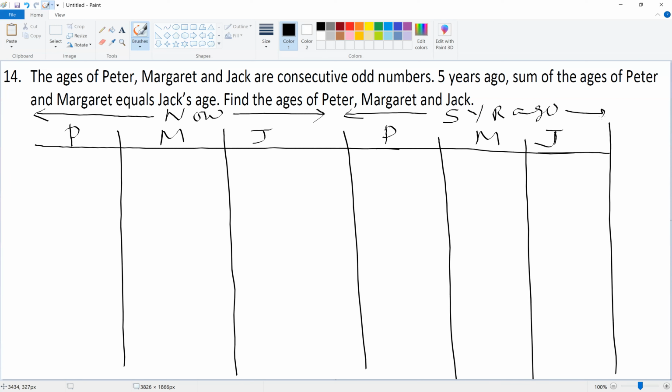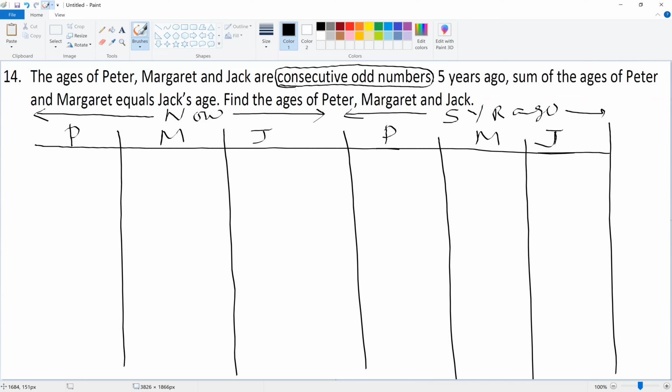Do you understand the table I wrote? Yeah. Okay. So now they are consecutive odd numbers. That's a big clue. That means it's 1, 3, 5; 3, 5, 7; 5, 7, 9, like that. But then it says 5 years ago. So you have to make sure you don't go to negative, right?